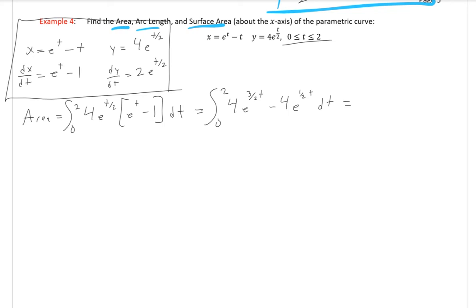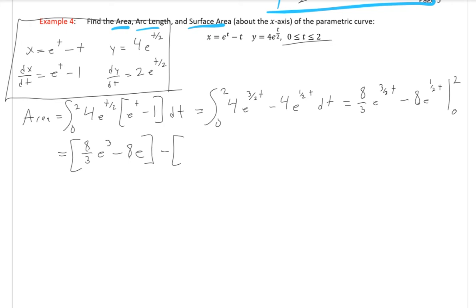This one is going to multiply by 2/3, so we'll get 8/3 e to the 3/2 t. Minus this one's going to multiply by 2, so minus 8 e to the 1/2 t from 0 to 2. Therefore, for our answer for area, if we plug in 2 first, 3/2 times 2 is just 3, so that's 8/3 e to the 3rd, minus 8 e to the 1/2 times 2, so that's just e.